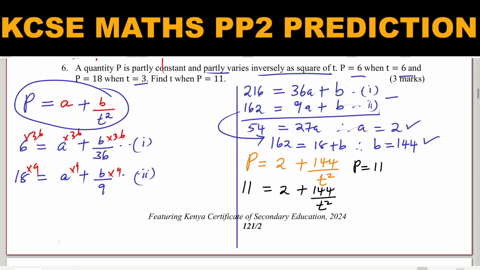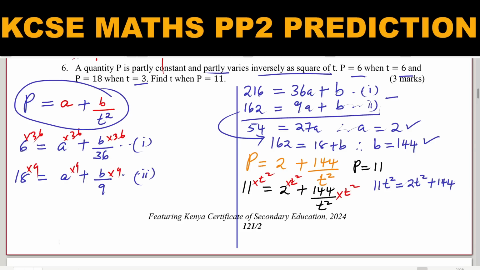So from here, to solve this one, I can simply multiply this one by t squared, this one by t squared, and this one by t squared. And this will give 11 t squared is equals to 2t squared plus 144.